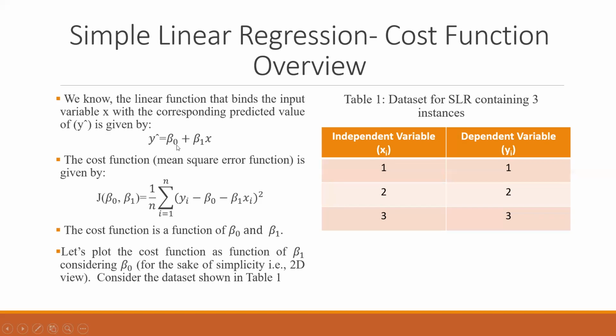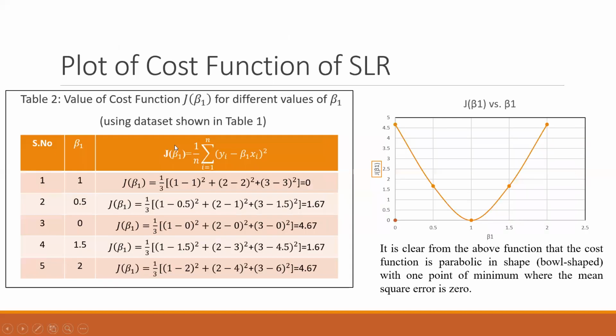Irrespective of the value of beta 1x, beta naught's contribution will be very low overall, considering, let's say, an array of x values 1, 2, 3, 4, maybe up to a million. So in a way, only beta 1 has been taken to make the plot.